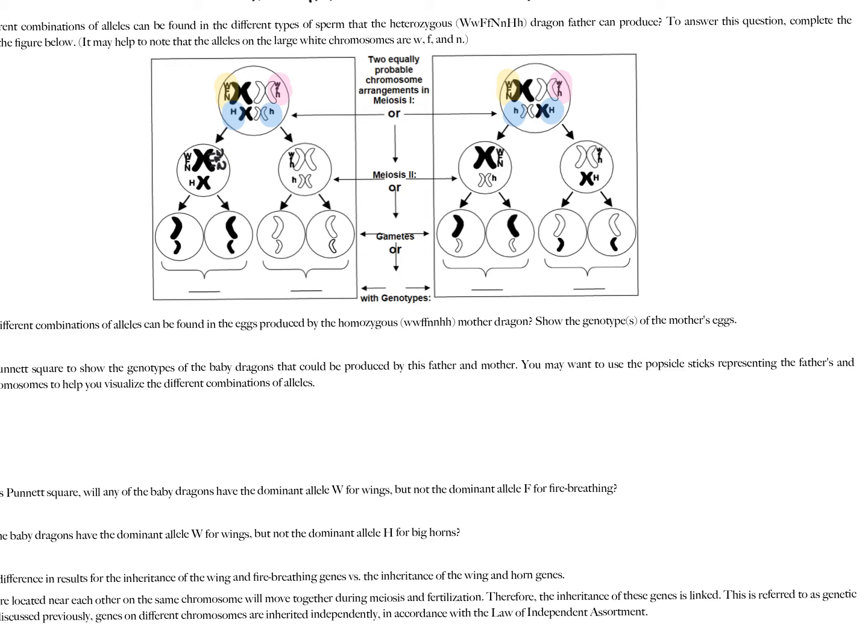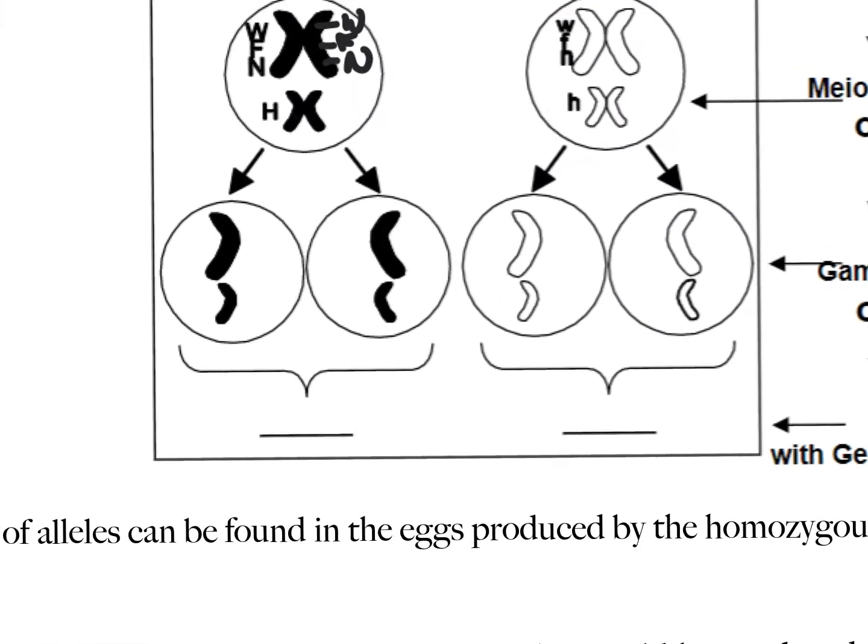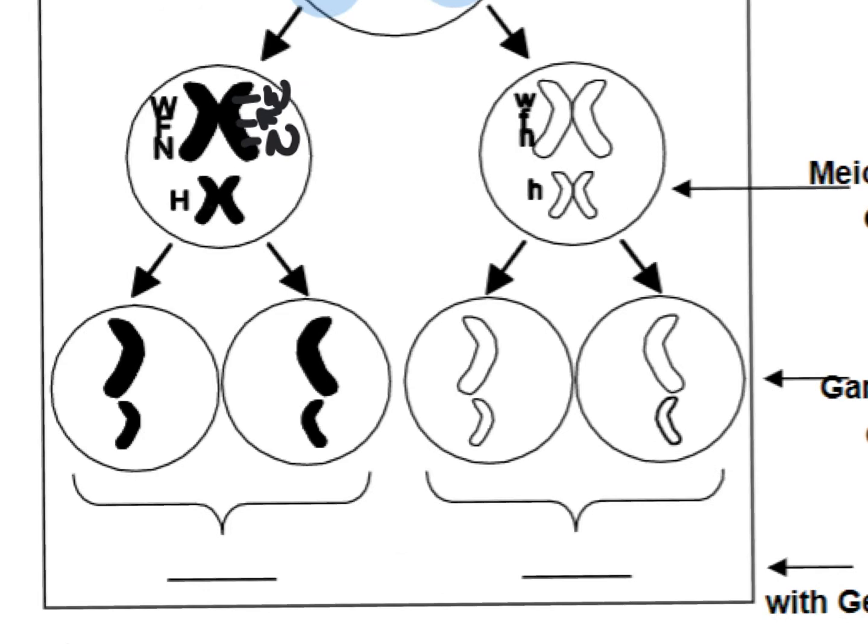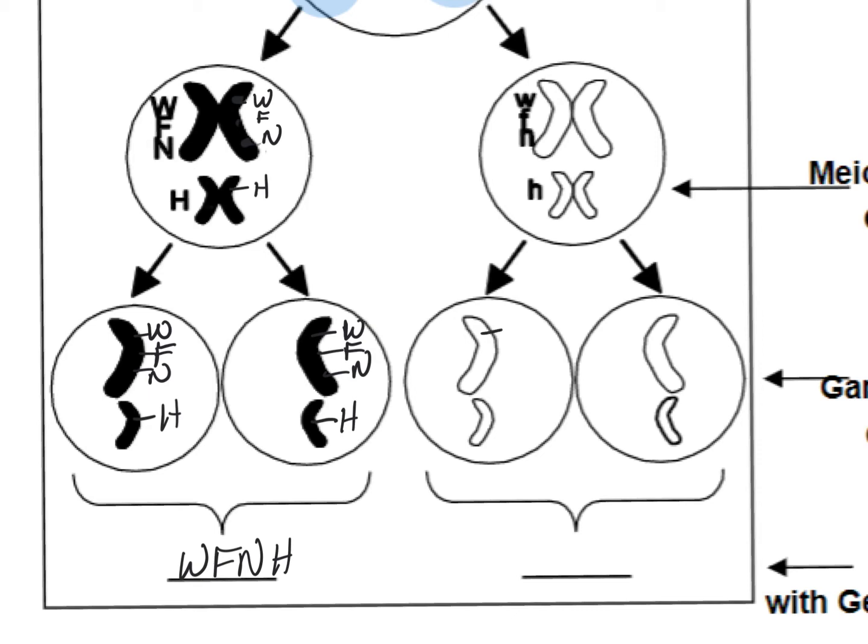All right. So here's big W, big F, big N. Let me make it smaller so we can read it. It's difficult to read when it's not neat. So big W, big F, big N, and this is obviously big H. So here you have big W, big F, big N, big H. On this one, you have little w, little f, little n, little h.